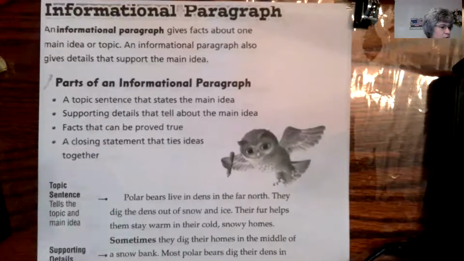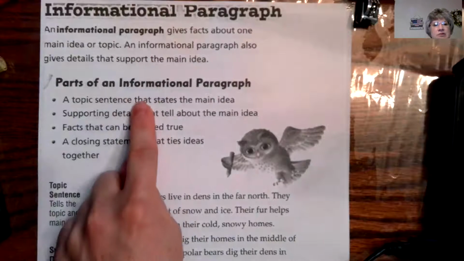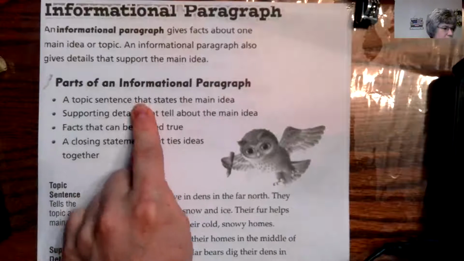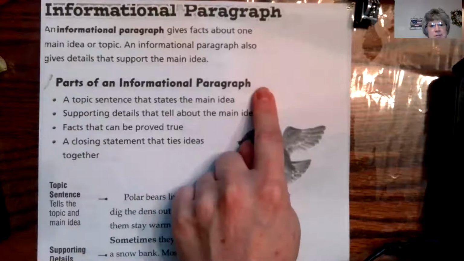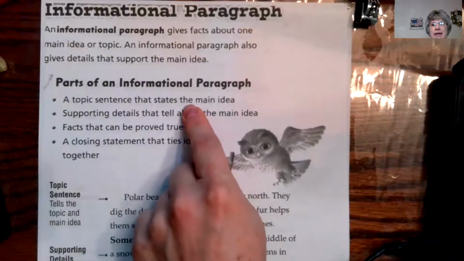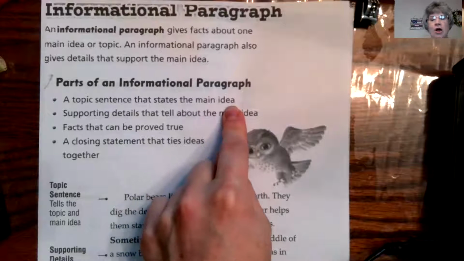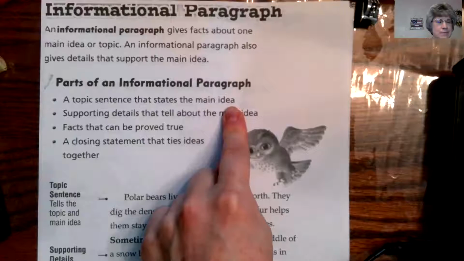All right, so we know what an informational paragraph is. Now we're going to talk about the parts of it once again. Parts of an informational paragraph. A topic sentence that states the main idea. Remember, your main idea sentence is what all your other sentences are going to be about.